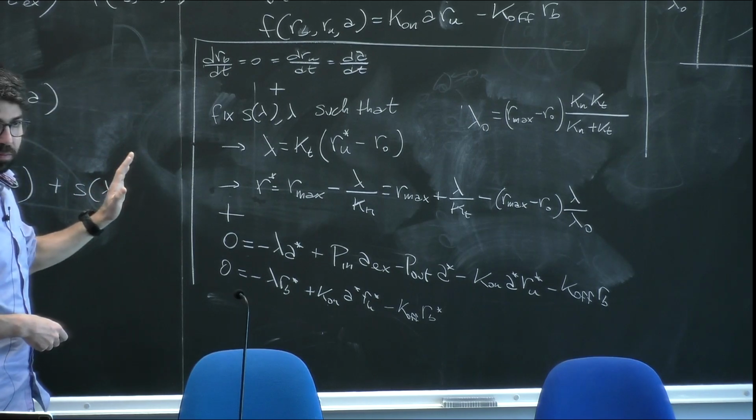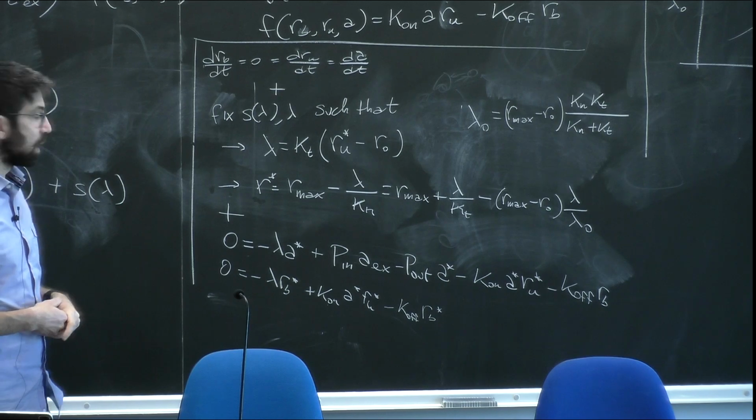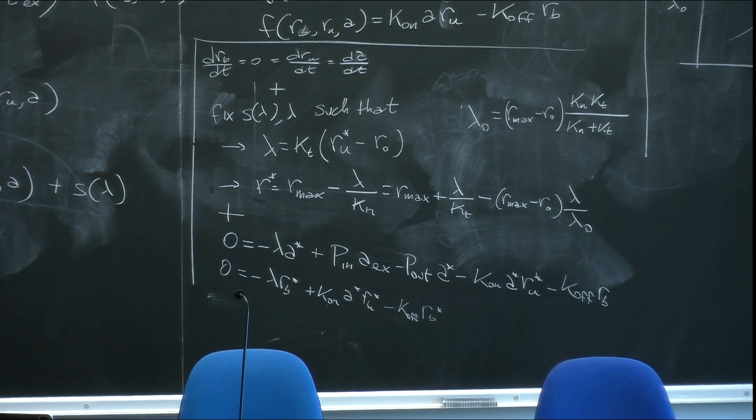Can you repeat why we got to the last equation? The last equation has this quantity here, which determines how many ribosomes we have, basically. And I asked, what is this S of lambda? How do we know what it is? We can fix it because we know the total amount of ribosomes. So you could obtain an expression for S of lambda if you want.